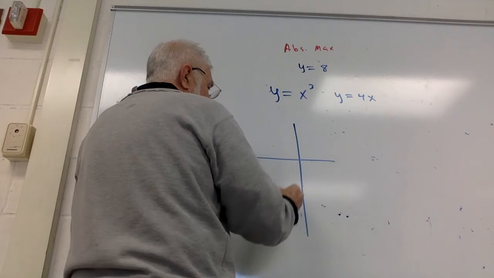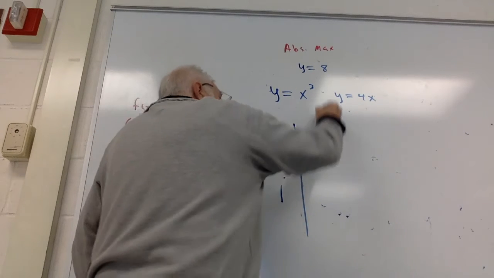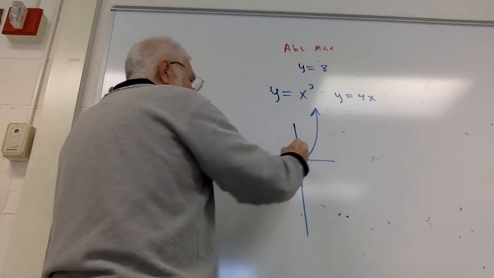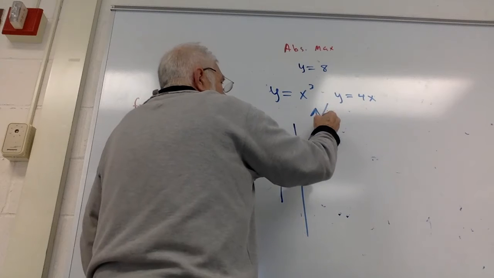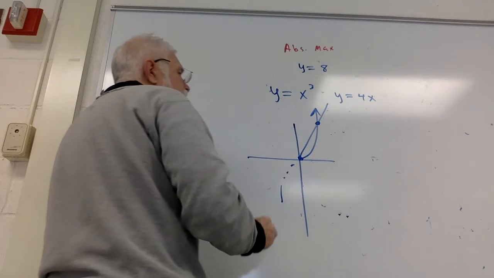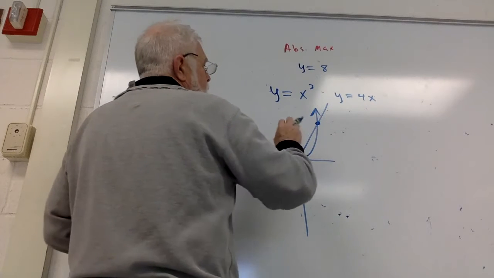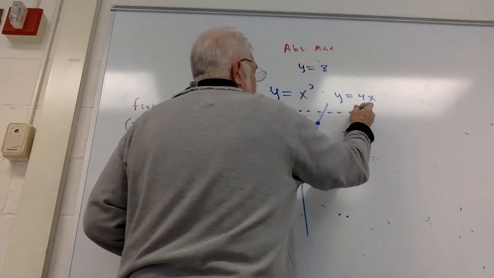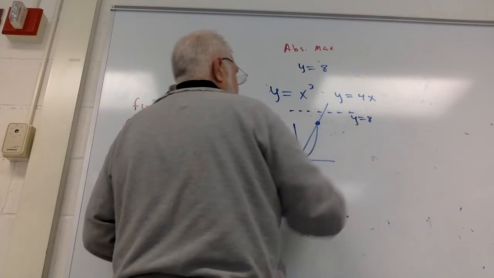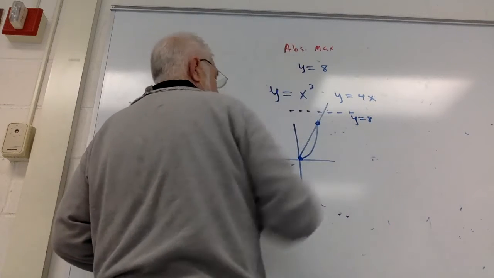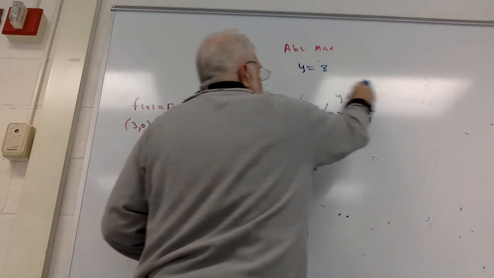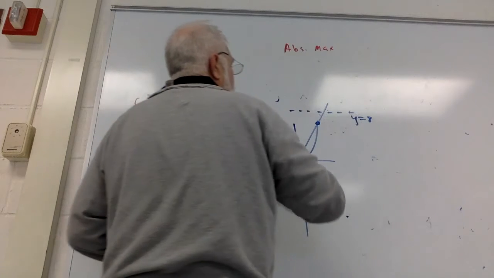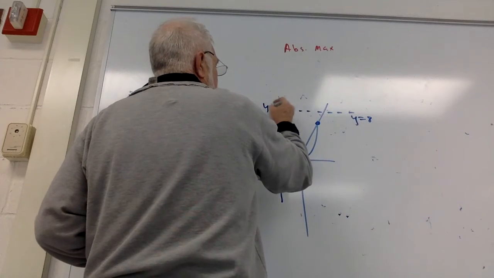X cubed, but we're only going to look at the first quadrant, and 4x. Okay, we're going to find intersecting points, and we're going to rotate it around y equals 8. So let me get rid of that, and let's just do this. Y equals 8. So I'm going to rotate this around. So this is y equals 8.